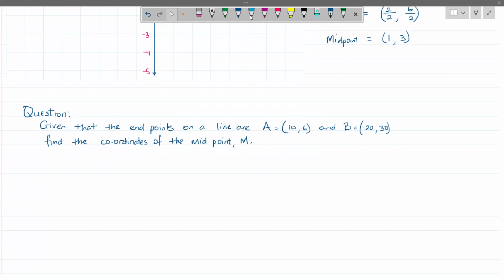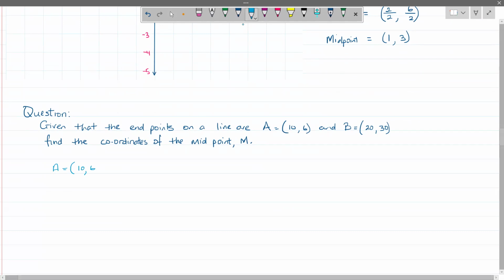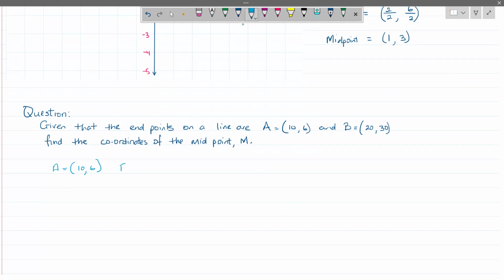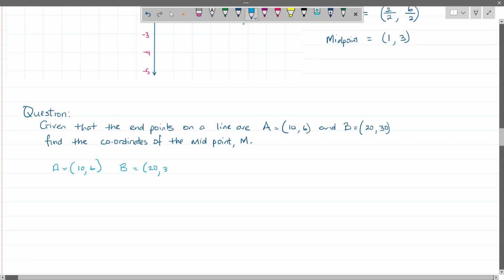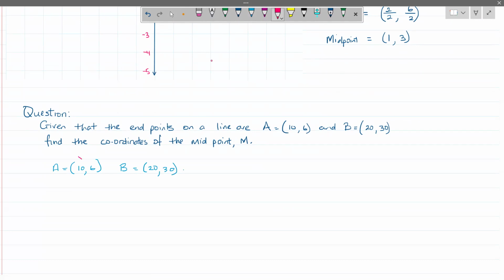The steps: identify the points. So we have A is 10, 6. We have B is 20, 30. This is x1, y1, x2, y2. Identify the points, label the points.